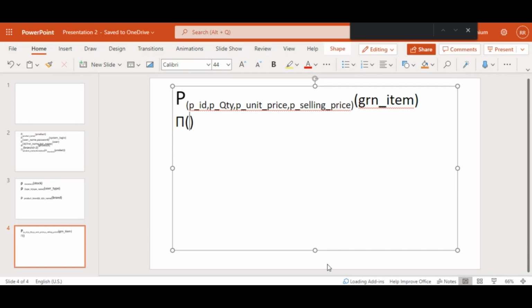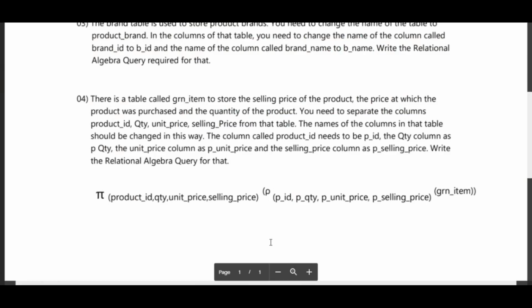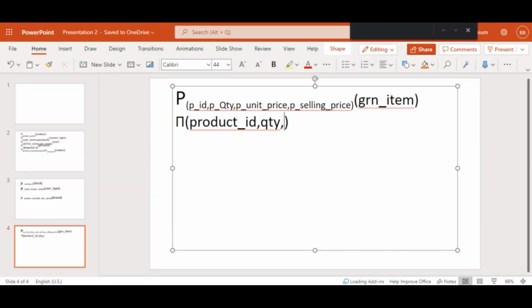So let's do that. I need the product ID, I need the quantity, also I need the product unit price, and selling price.